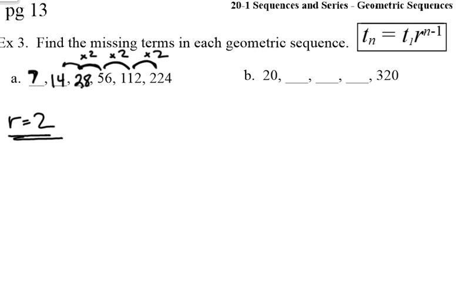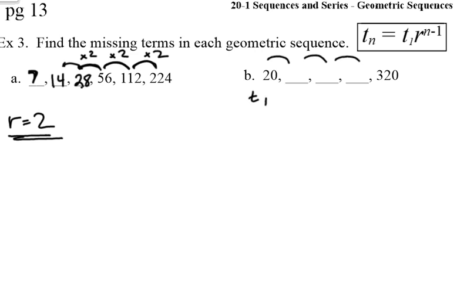However, with B, to go from 20 to 320, trying to figure out what the R value is, this would be guess and check. Yes, it would work, but as soon as you're just guessing and checking, then you're not following algebraic process. So now, what do we know in this case?